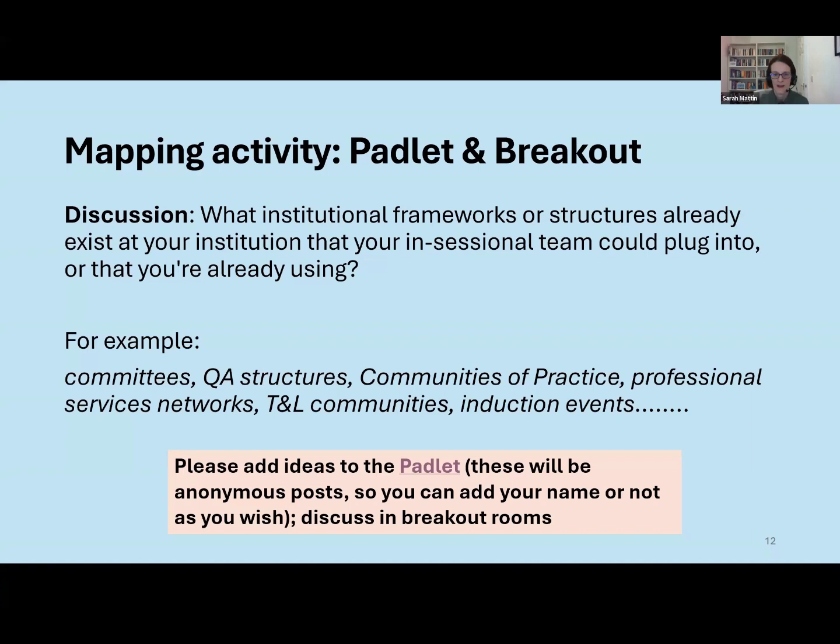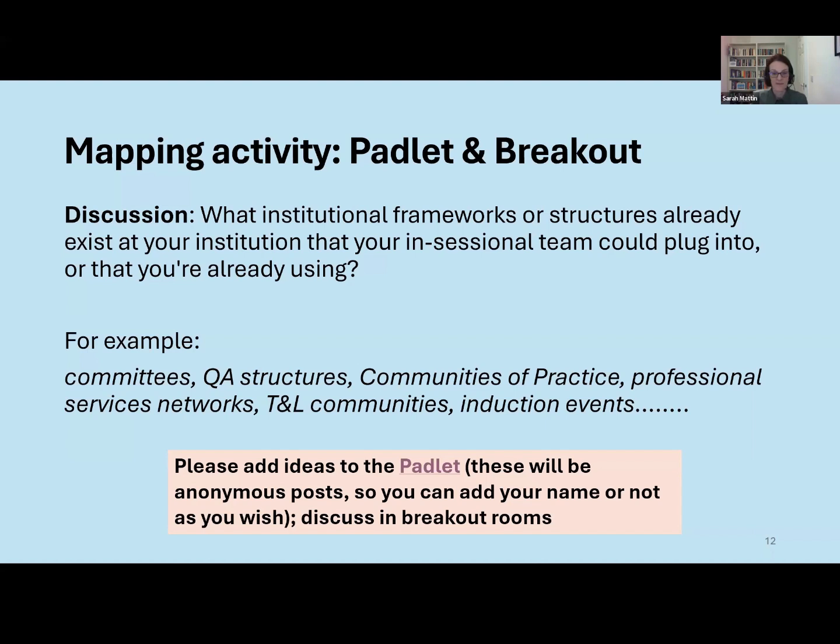So hopefully everybody got to have a little bit of a chat in the breakout rooms. I'll post the Padlets again at the end, and then if people want to add to them later on, they might be quite useful to come back to. Those Padlets should last there, but hopefully you all got to have a little bit of a chat about structures in your particular institutions that might be useful.